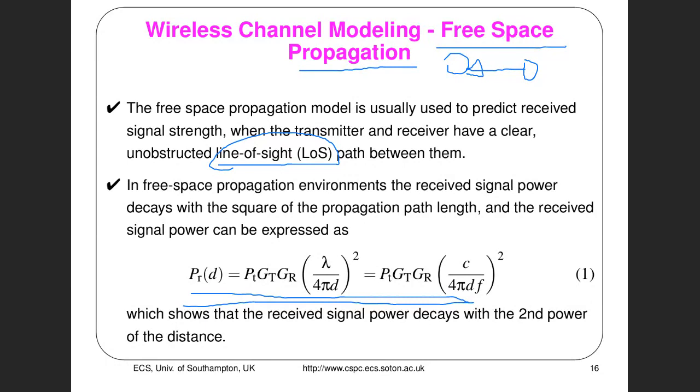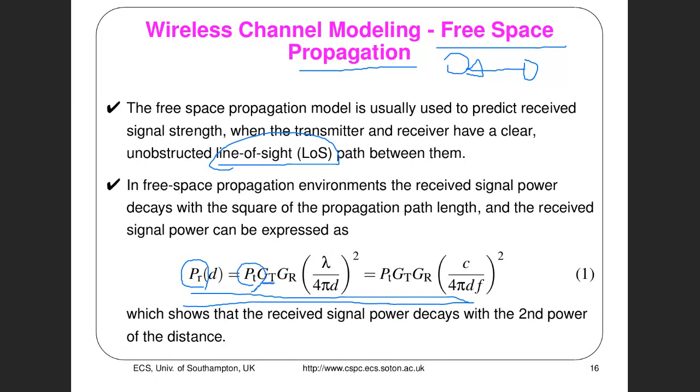You are expected to be able to understand all the parameters of this equation and derive further from this equation to its different forms. So PR is the received signal power. PT is the transmit signal power.